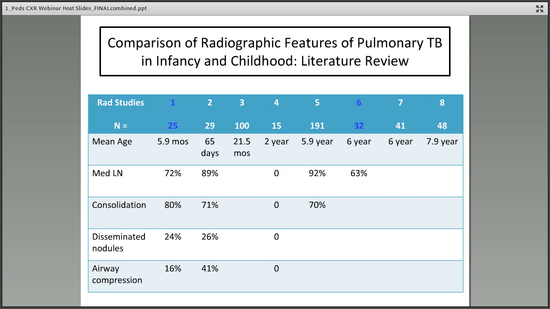In review of the literature, 8 studies were reviewed. All these studies have mean ages starting at 6 months and up to 8 years. As everyone can see, enlarged adenopathy and consolidation are very common findings.